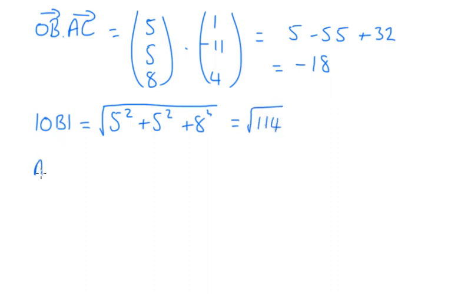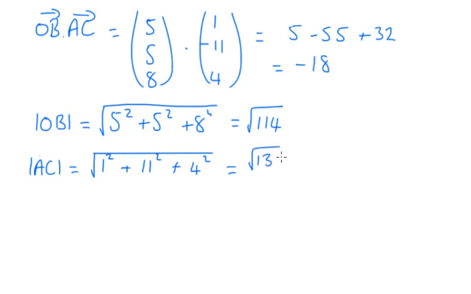For A to C, that's this one here. So that's 1 squared plus 11 squared. I could put the minus in, but I'm squaring it anyway, so I don't need it. Plus 4 squared. So that's 1 plus 121 plus 16, which comes out at 138.